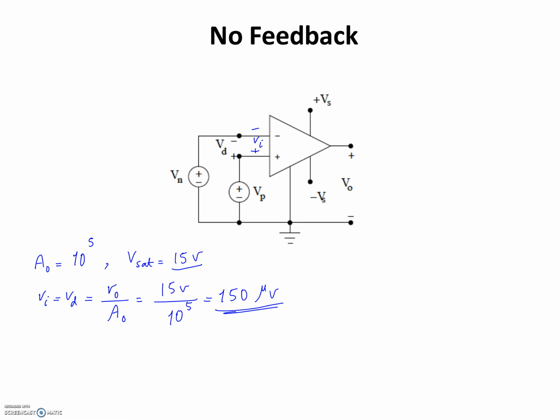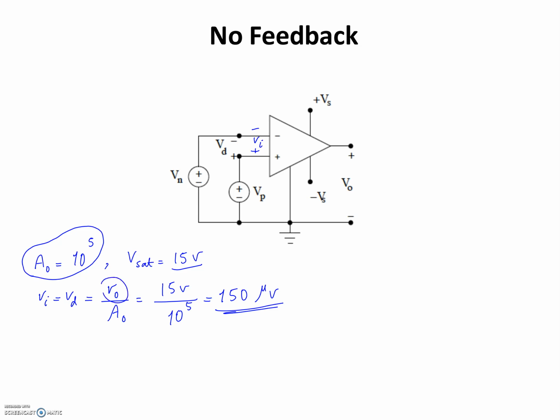So this is not good because you want to have a large range of input voltages that you want to amplify. In addition, this gain factor is sensitive to environmental situations and manufacturing parameters, so it's not always equal to 10 to the power of 5. A slight variation in the value of A0 is going to mess up the value of output.